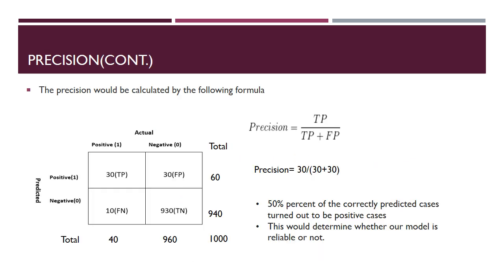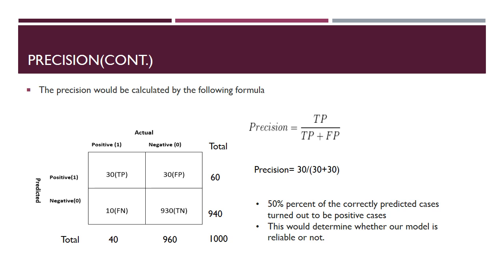So here in precision, we are interested in the predictions by the model, that the model classified some as positive or some as negative. We are interested in the positive class. So the patients that were predicted by the model as positive, how many of the predictions were actually correct? We are interested in this.